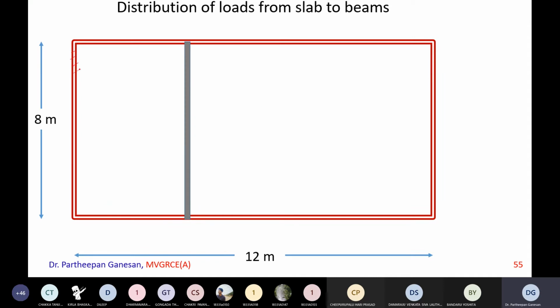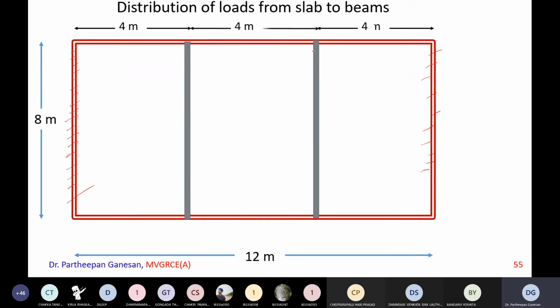Of course, there will be one beam on this side, and this side also one beam. It may be a concrete beam or it may be a brick wall. This is one support, this is another support, this is one beam at a distance of 4 meter. Another at 4 meter, another support beam. At another 4 meter, you have another support.